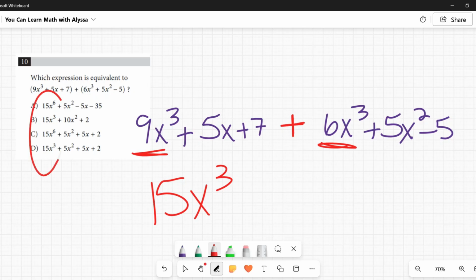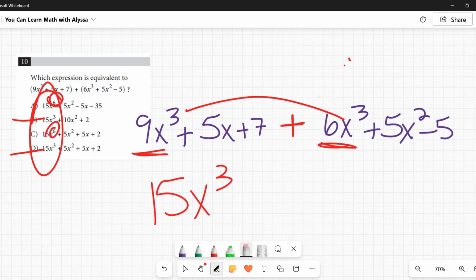If you look at the answers over here, you can see that two of them have x cubes and two of them say x to the 6th. That sort of combination, where you add the two 3's together, only happens when you are multiplying.